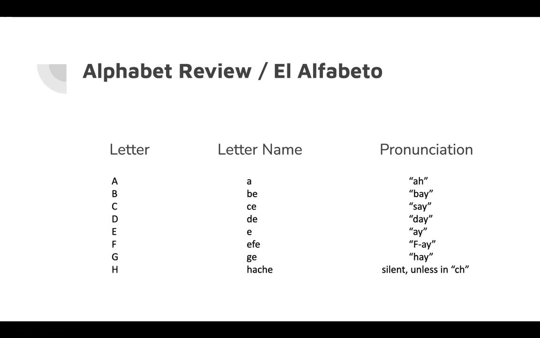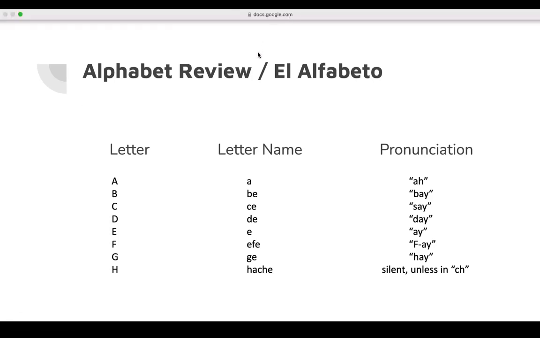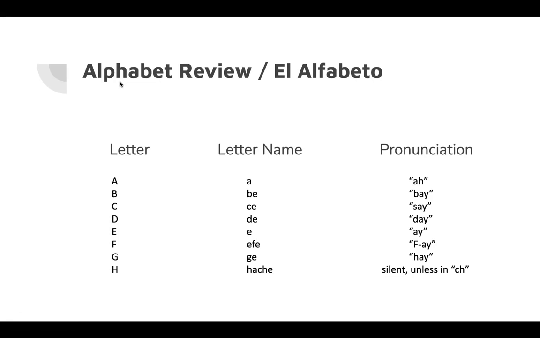Some people will tell you that the letter combinations are part of the alphabet, and some people will tell you that they're not. I included them just to show you how they sound and how they're spelled. The pronunciation is sometimes different depending on where you're at, what dialect you use, but I just put the mainstream ones in here.